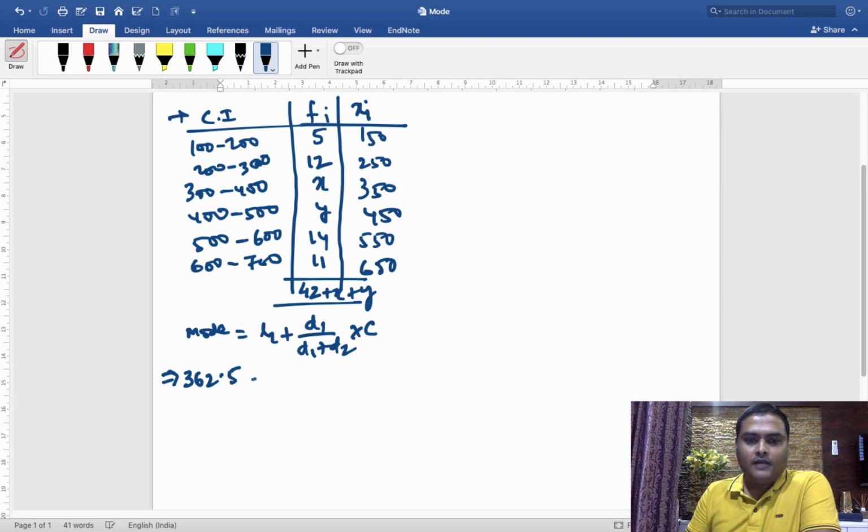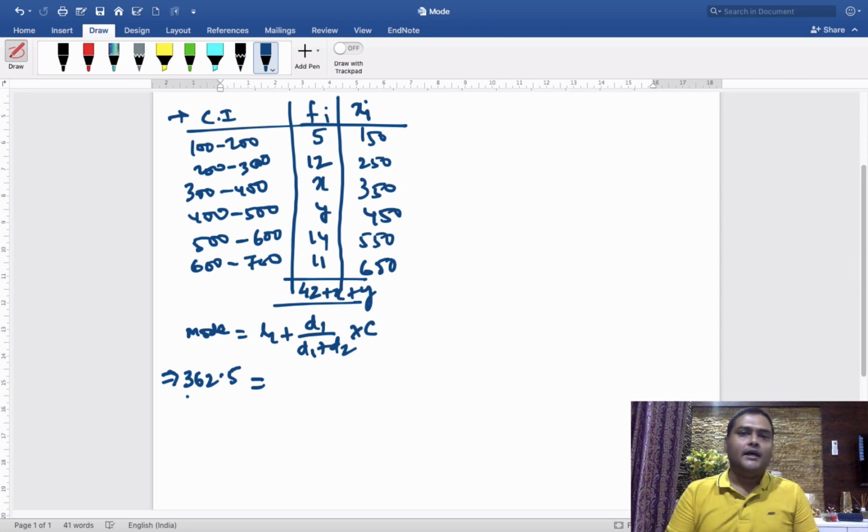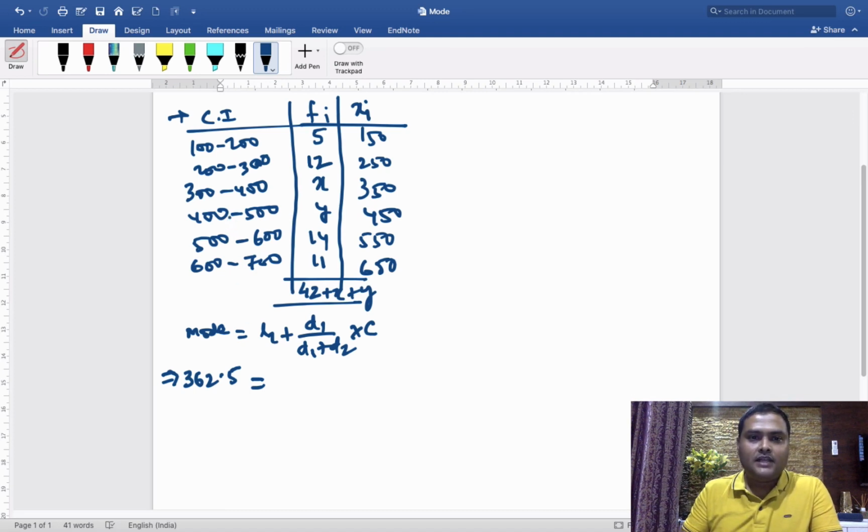As 362.5 is the mode value, and if you remember in the previous lecture I discussed three important notes, out of which it was clearly told that the mode value should lie in the mode class. In this case 362.5 lies between 300 and 400, so I can easily say this is the mode class. So L1 is 300.